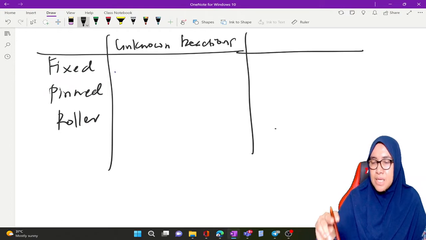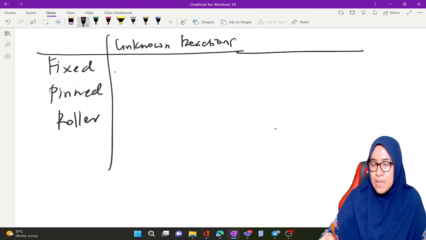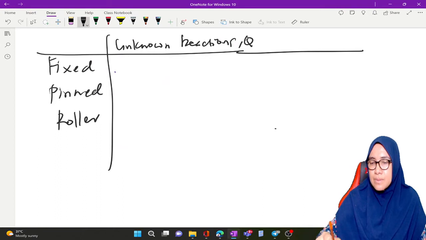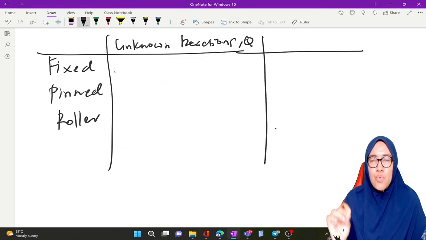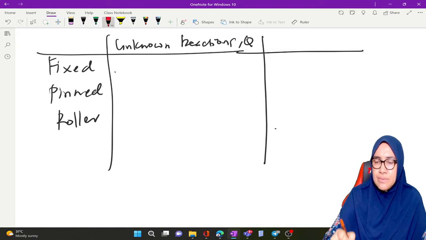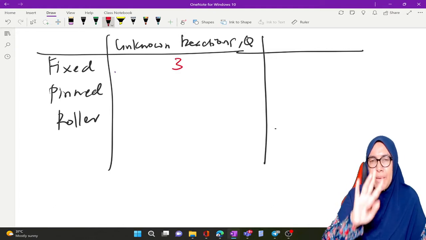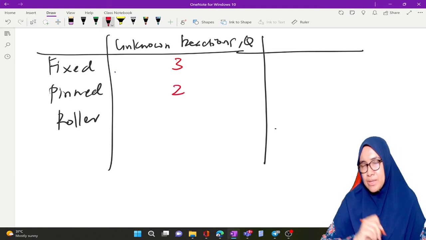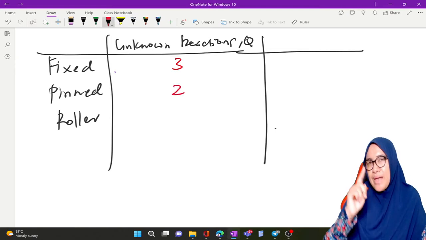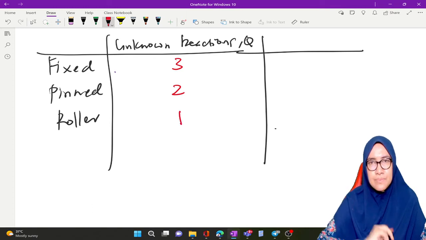The label is Q. For fixed, we have 3 unknown reactions. For pin, we have 2 unknown reactions. For roller, we have 1 unknown reaction.